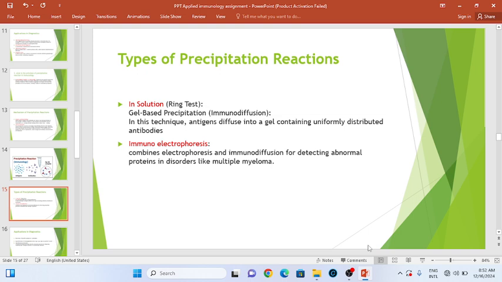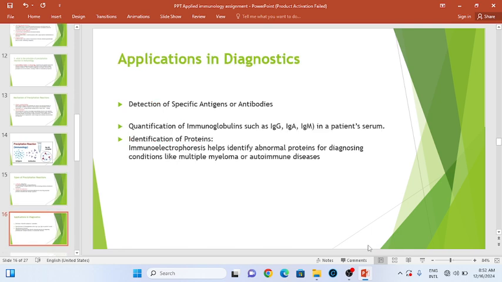In this technique, antigen diffuses into a gel containing uniformly distributed antibodies. Immunoelectrophoresis combines electrophoresis and immunodiffusion for detecting abnormal protein in disorders like multiple myeloma, which is a cancer.